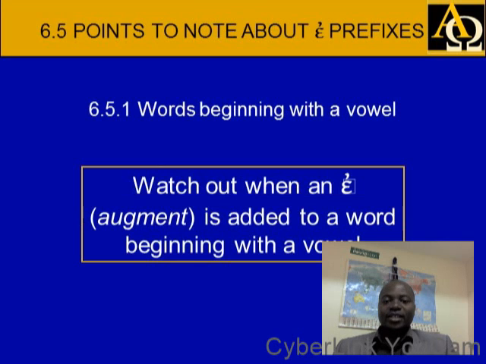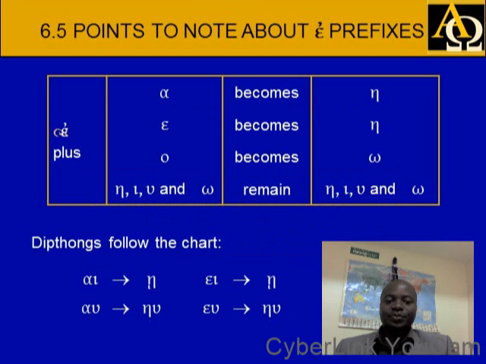So, words beginning with a vowel. Watch out when an epsilon is added to a word beginning with a vowel. Alpha becomes eta, epsilon becomes eta, omicron becomes omega, and these remain unchanged: eta, iota, upsilon, omega.